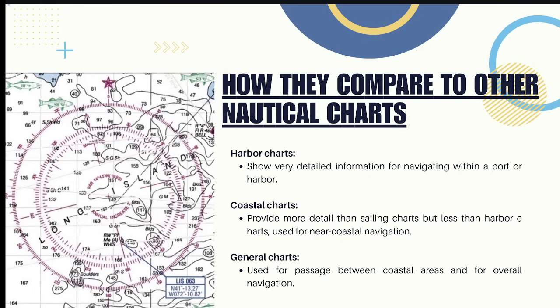We have the harbor charts, which show very detailed information for navigating within the port or harbor. The coastal charts provide more detail than sailing charts, but less than harbor charts. You are going to use these for near-coastal navigation.